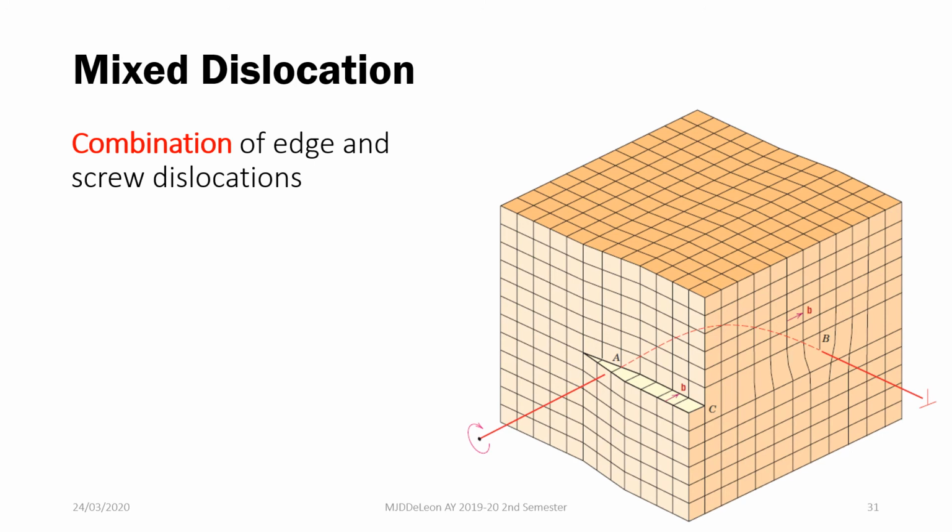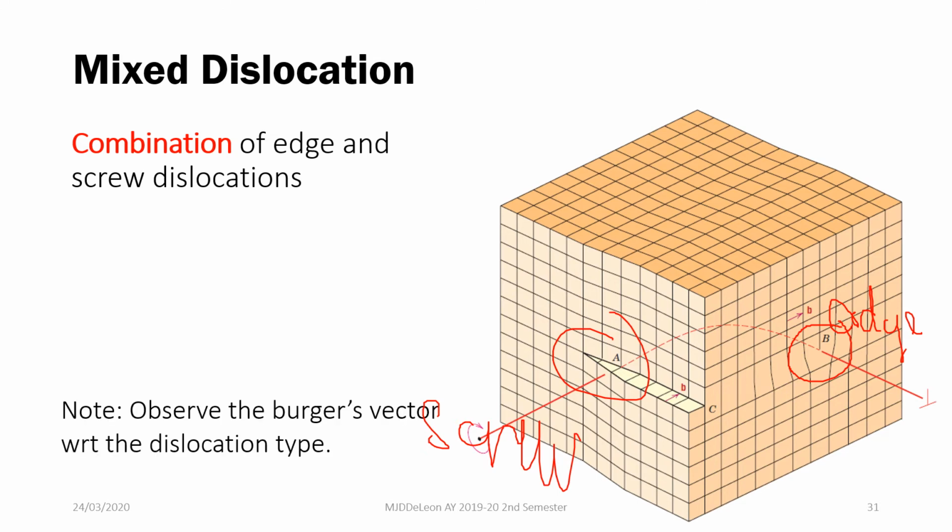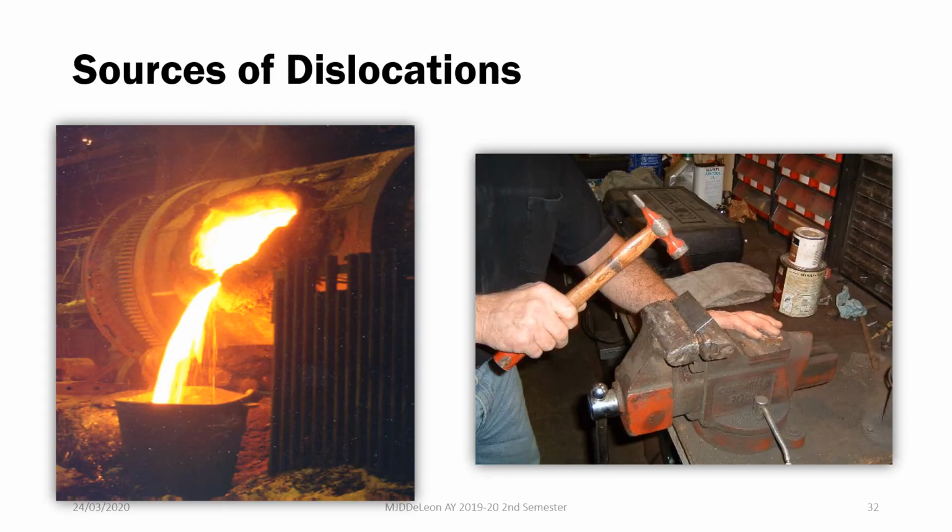And lastly, we have your mixed dislocation. It's a combination of your edge and screw dislocation. So you have here your edge. This is edge. And dito, you have screw. So in this case, yung Burgers vector natin, mag-morph siya to accommodate both edge and screw dislocations.